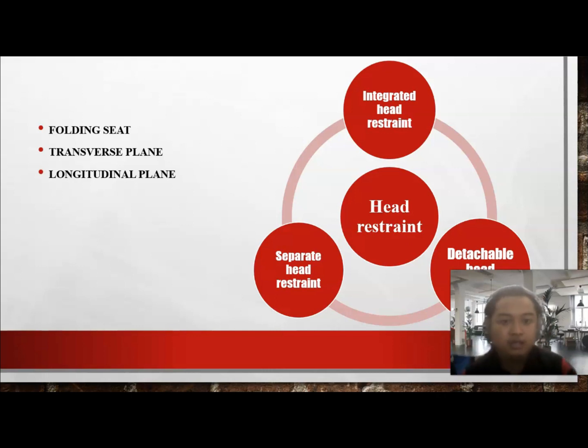Okay, for the head restraint, there are 3 types in UNR17, like integrated head restraint, detachable head restraint, and separate head restraint.